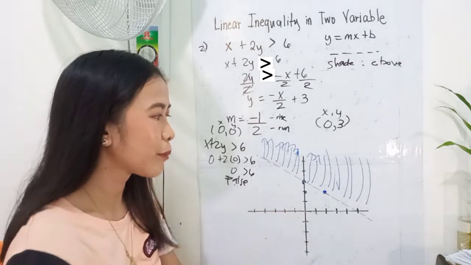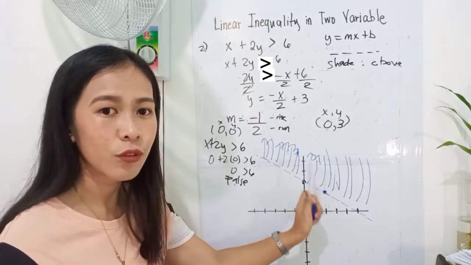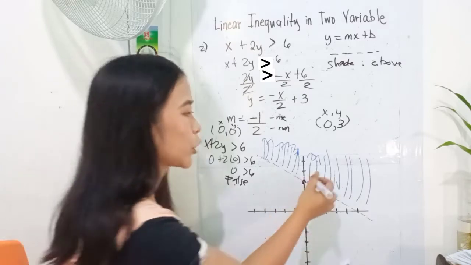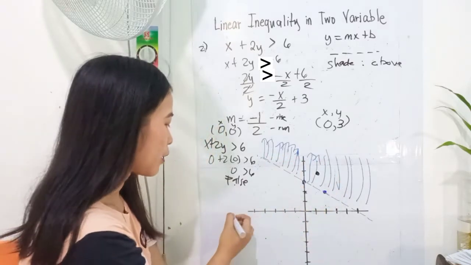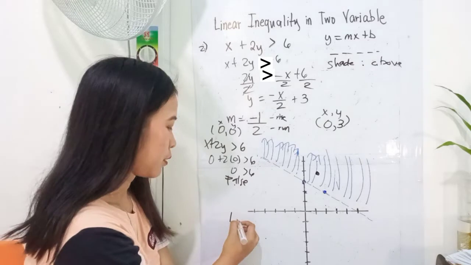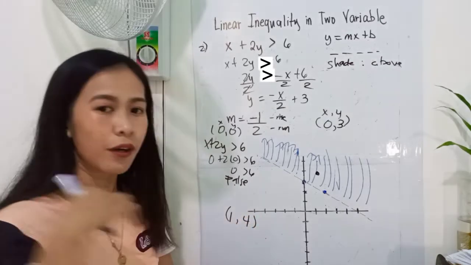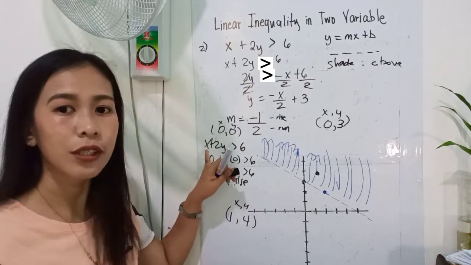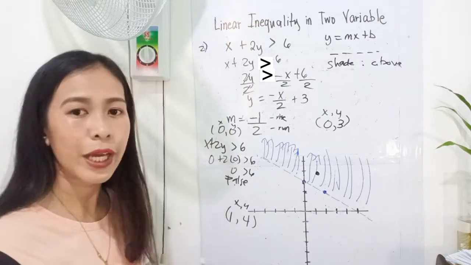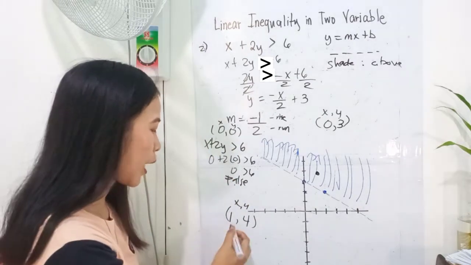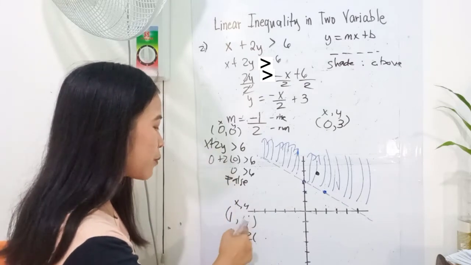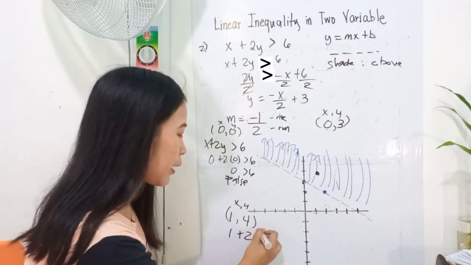Okay? Ngayon, kuha naman tayo dito sa shaded region. Kuha tayo ng isa. Positive 1 and positive 4. So, nandito yung point niyan, ordered pair. So, kunin natin 1 and 4. Okay? That is x and y. And then, i-substitute lang natin ulit siya dito sa formula na x plus 2y is greater than 6. Our x is 1. Ayan. Plus 2 times 4 because of our y.